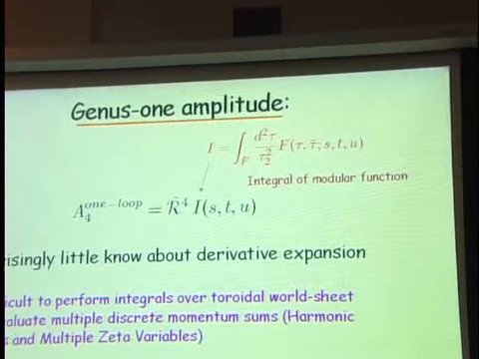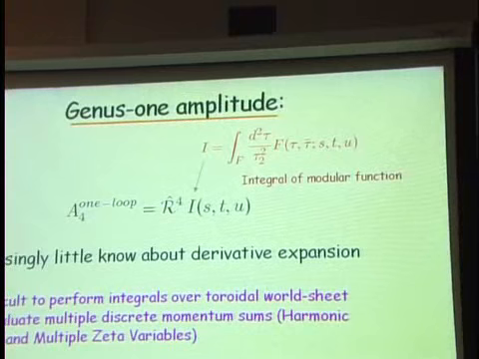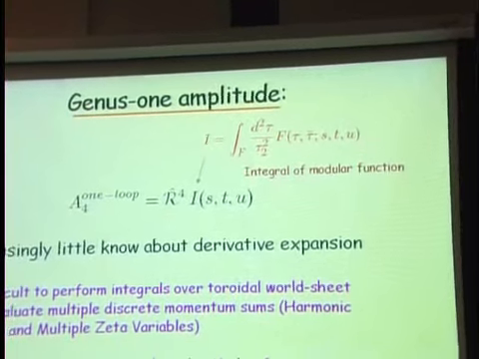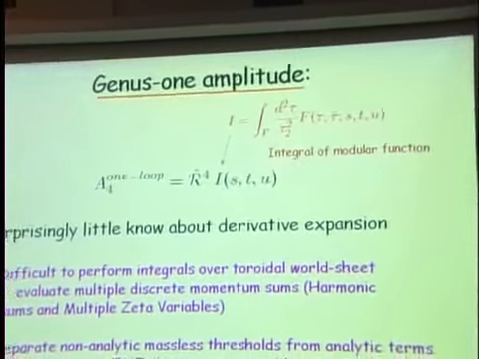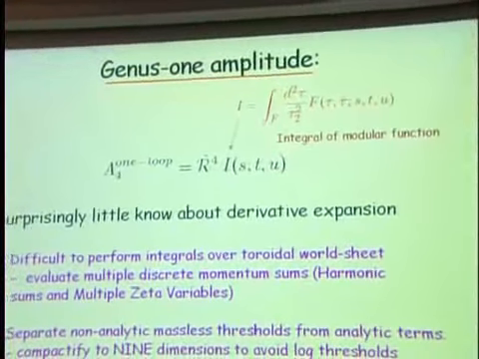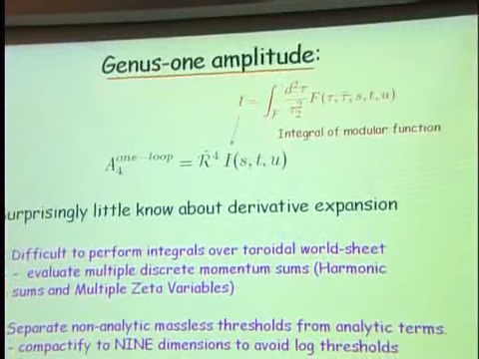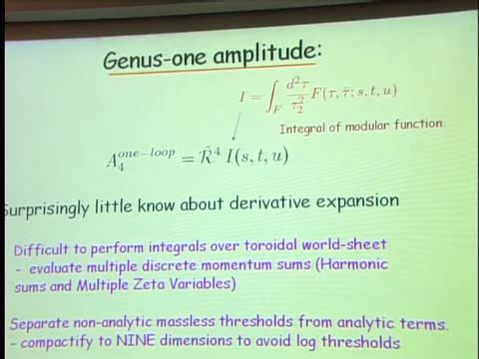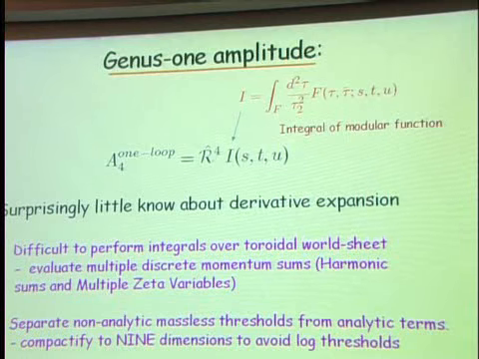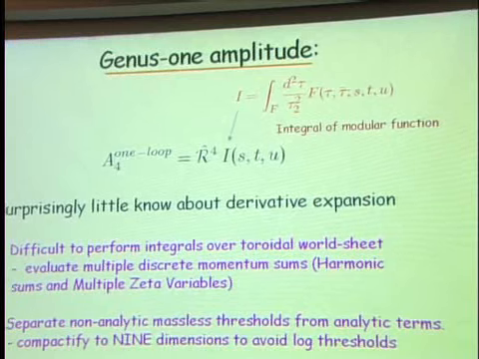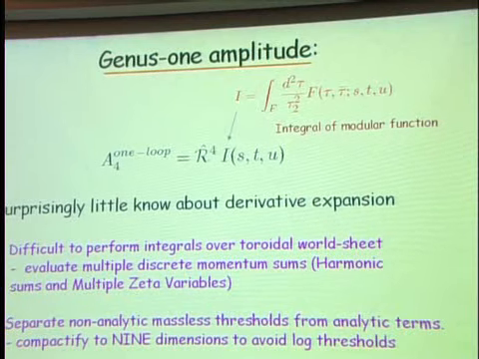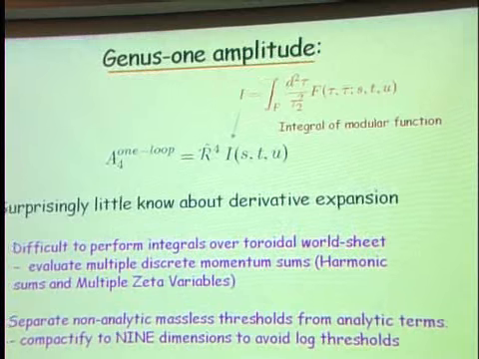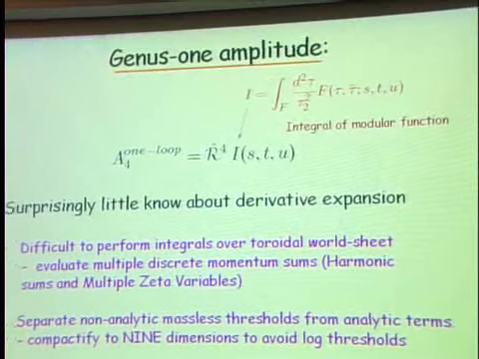And the reason for that is it's rather difficult to expand this in powers of S, T, and U. This is an integral over the worldsheet torus of a modular function of the worldsheet and a function of S, T, and U. What you have to do is integrate products of Green's functions in the torus over the torus, and then you have to integrate over the complex structure of the torus. And that's rather technically complicated.